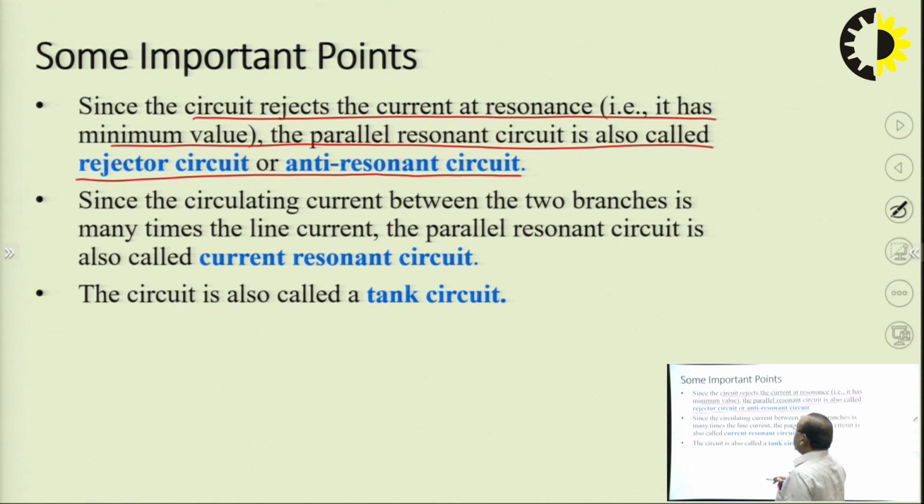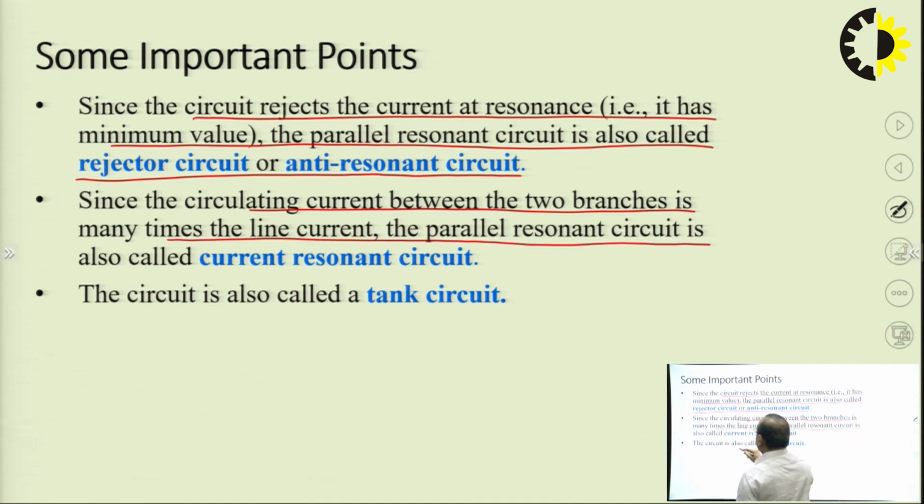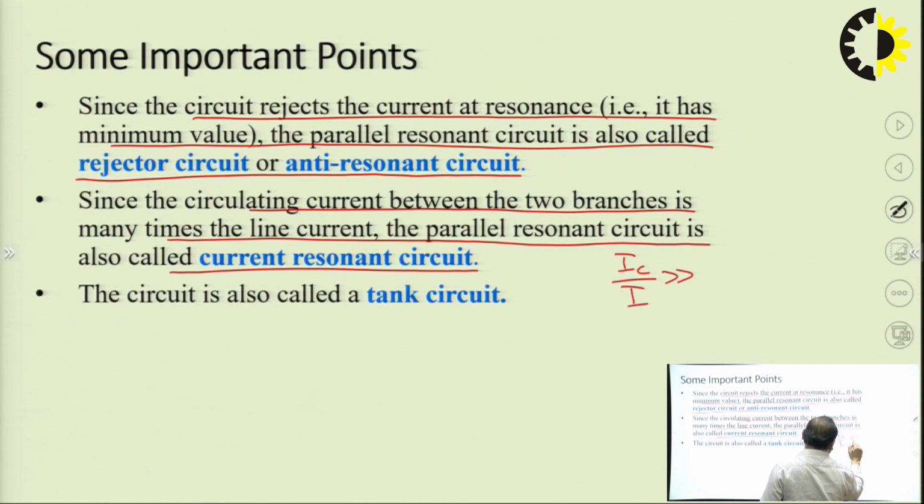Other than this, since the circulating current between the two branches is many times the line current, the parallel resonant circuit is also known as a current resonant circuit. That means to say we can write IC upon I is more than 1, or IRL upon I is more than 1.